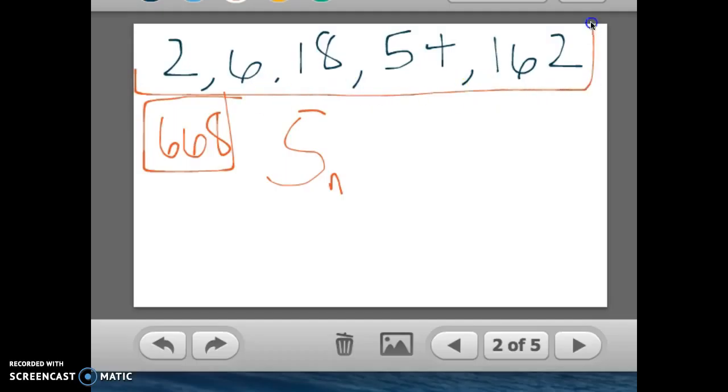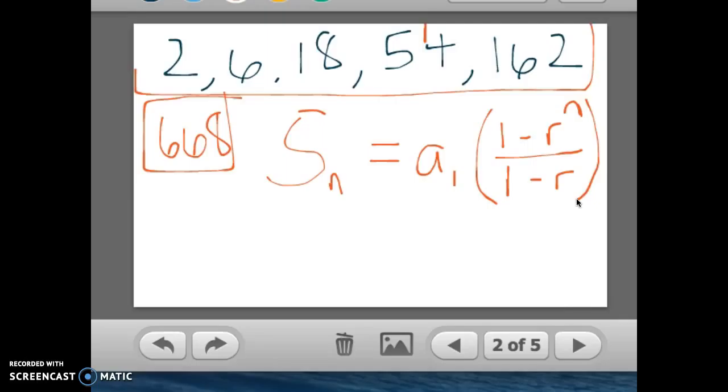It's our same sequence from before, the first 5 terms. So the sum of n terms is the first term times 1 minus r to the n power over 1 minus r.